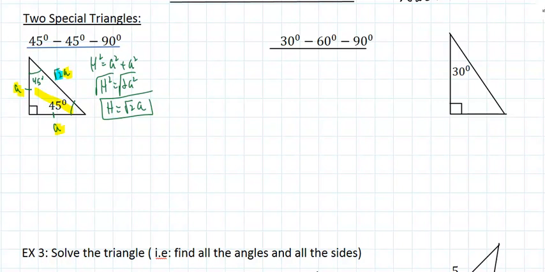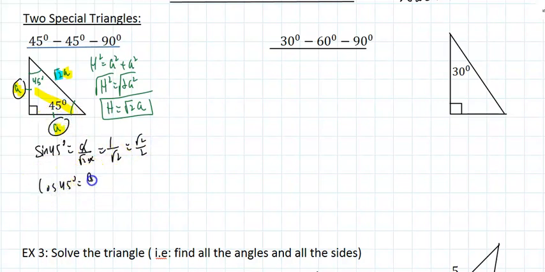Now the important aspect of this is that the trig functions don't change. The sine of 45 degrees is the opposite over the hypotenuse. Which opposite? It doesn't matter, they're both the same. The cosine of 45 degrees is the adjacent over the hypotenuse. And the tangent of 45 degrees is the opposite over the adjacent.